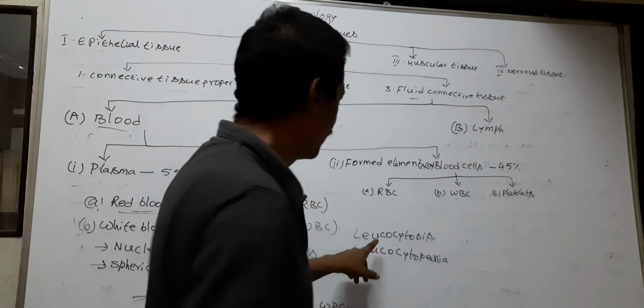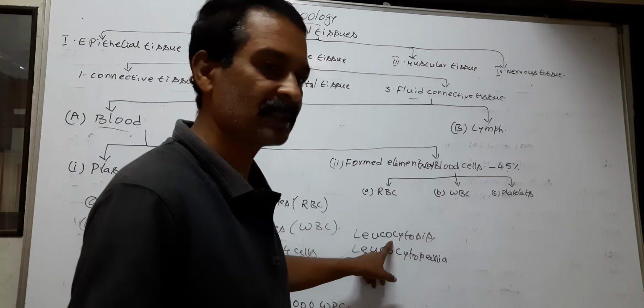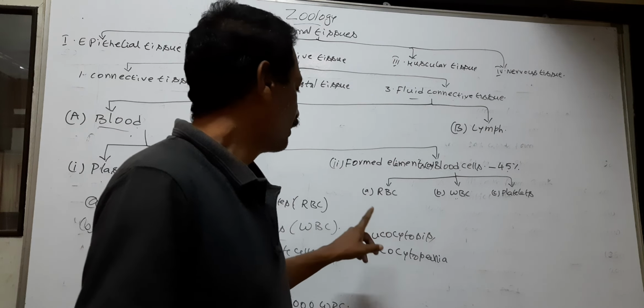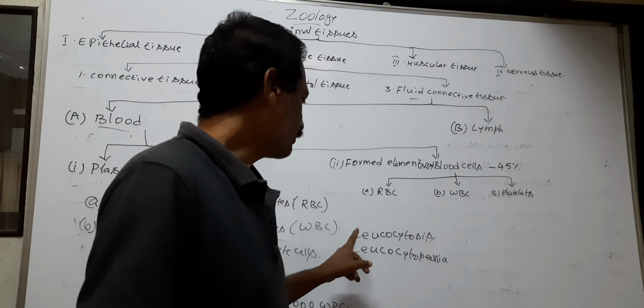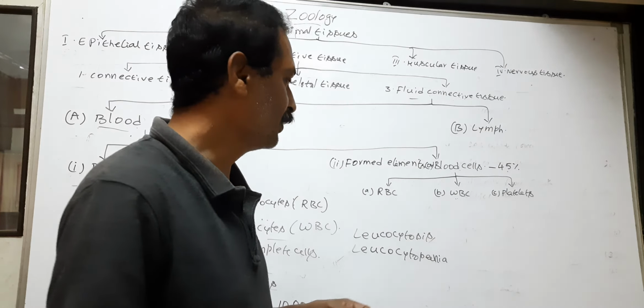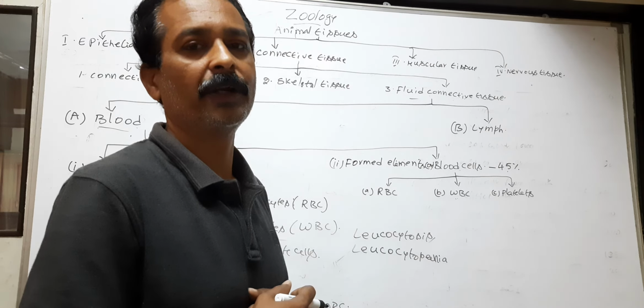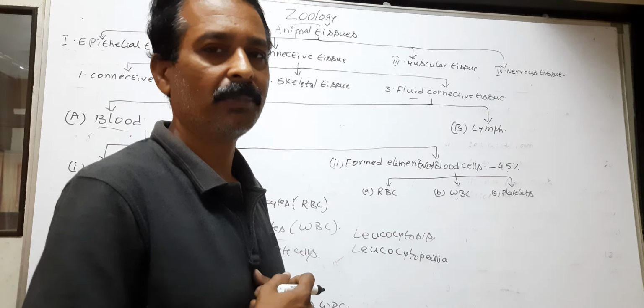So slight increase in the number of WBC is called leukocytosis. An abnormal increase in the number of WBC is called leukemia. Leukemia is a blood cancer.